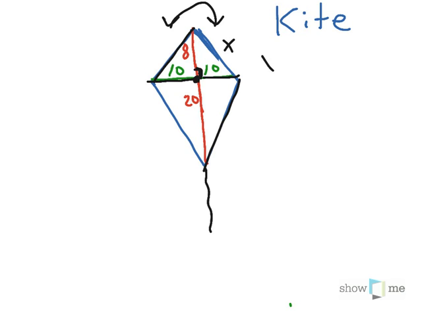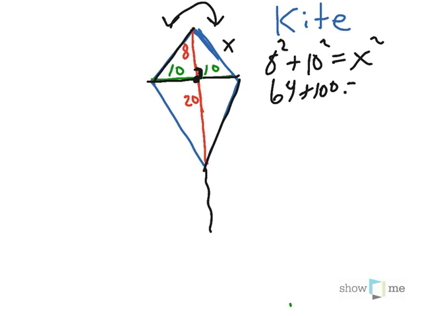So I could use the Pythagorean theorem that says, well, let me write this differently. 8 squared plus 10 squared equals x squared. And if I try to solve that, I'm going to get 64 plus 100 equals x squared.